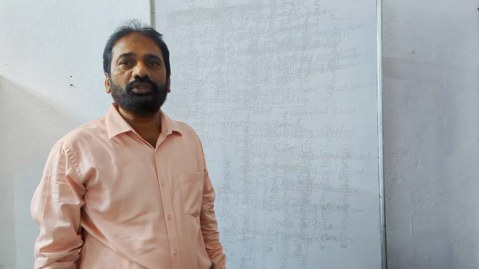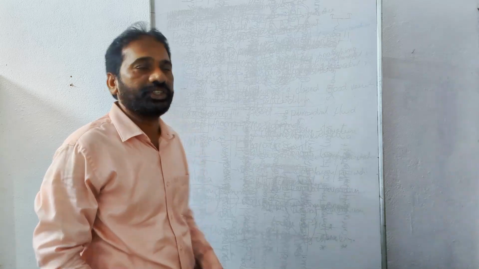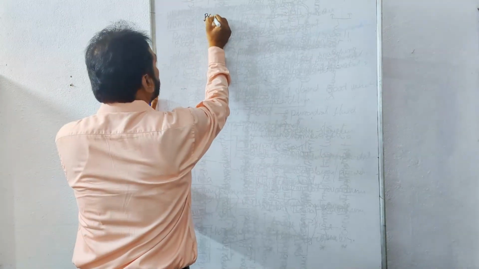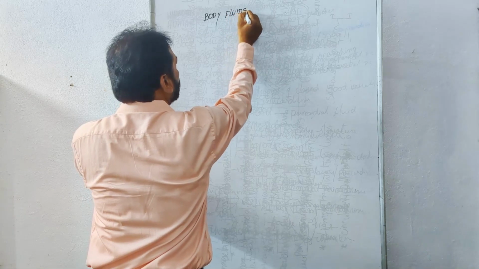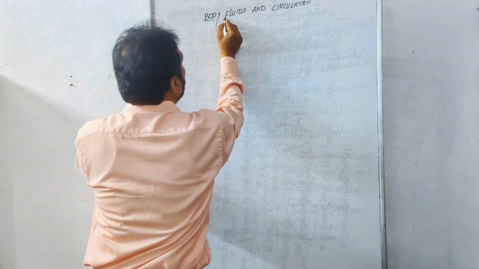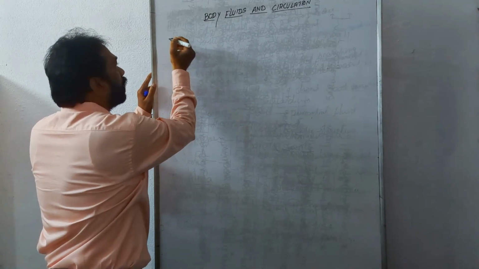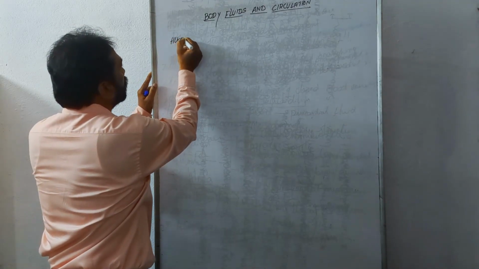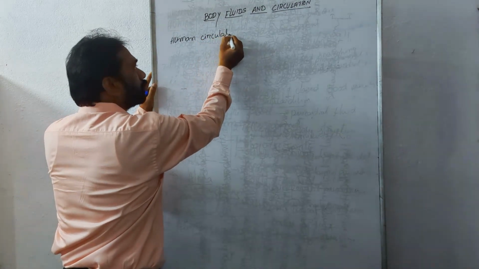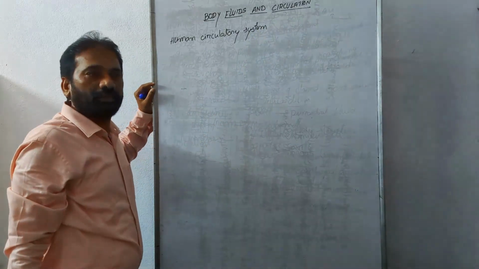Our running topic, human circulatory system. This is the part of human physiology, body fluids and circulation. In this chapter, our topic, human circulatory system.